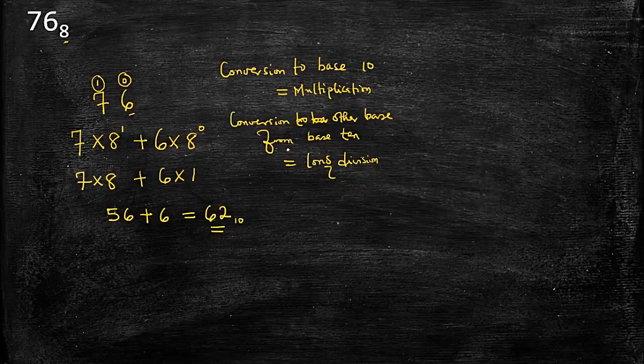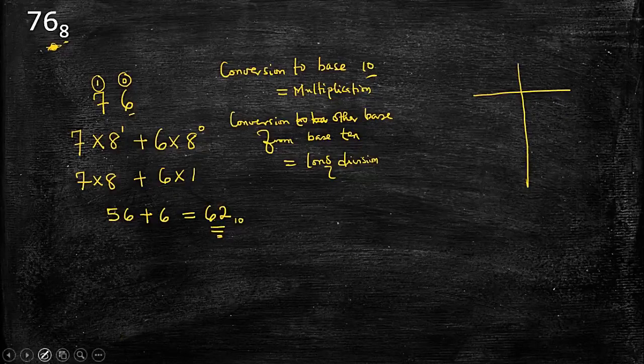So any number in base 10 that we want to convert to another base, we use the long division method. But when we want to convert to base 10, we use the multiplication method. So to convert this 62 back and prove that we get 76, we are going to use the long division method.